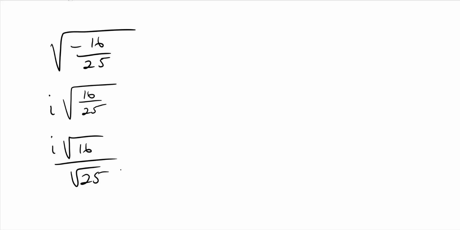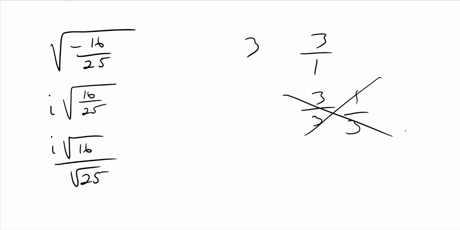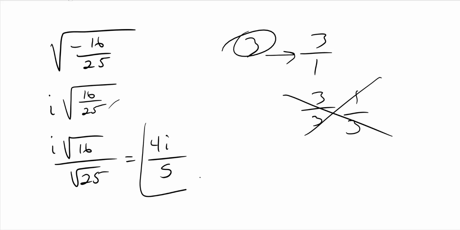And some of you guys might say, Mr., how can you put it on the top and on the bottom? Guys, just think about it. If I said 3, isn't that the same thing as 3/1? You don't say 3 is 3/3 or 1/3. I mean, come on. Okay, so 3 is 3/1. So i is i/1. So the i stays on top basically. Okay, and then the square root of 16 is 4. So it's 4i, and the square root of 25 is 5. And then your answer is 4i/5.